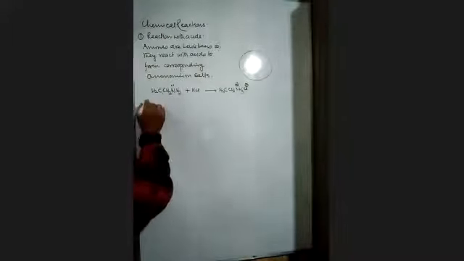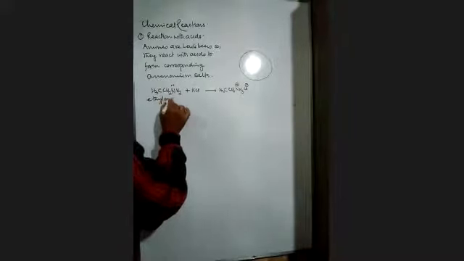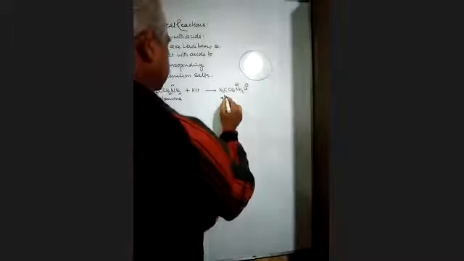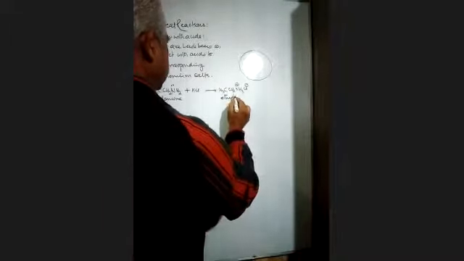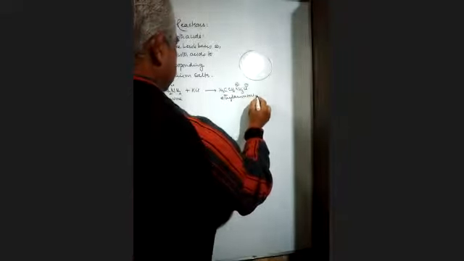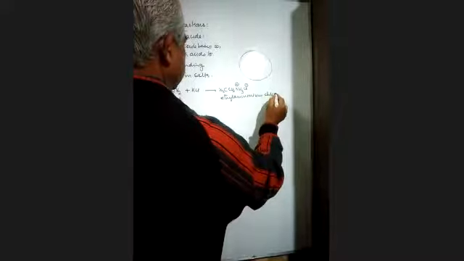Okay, so this is ethyl amine. Here you will get ethyl ammonium chloride. Okay.